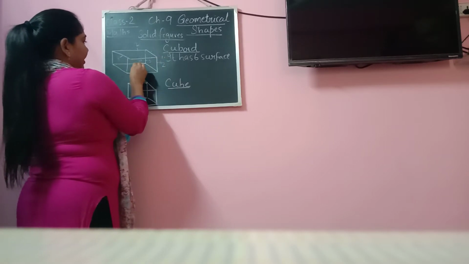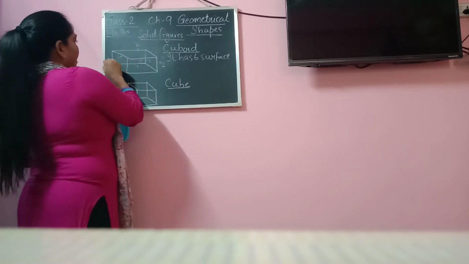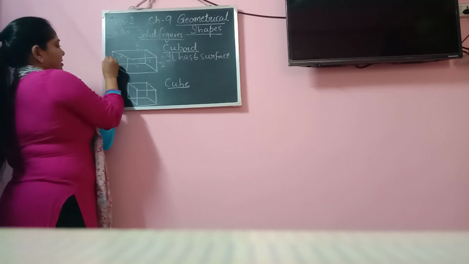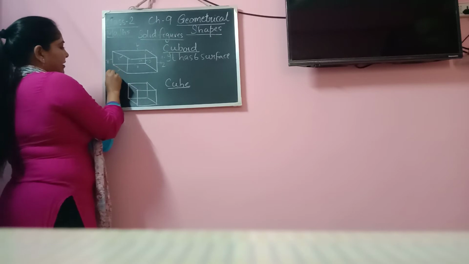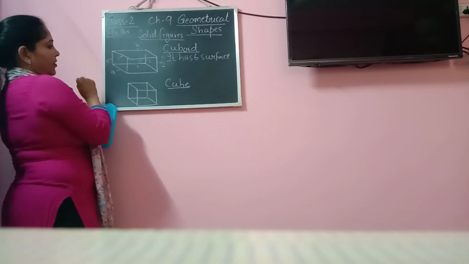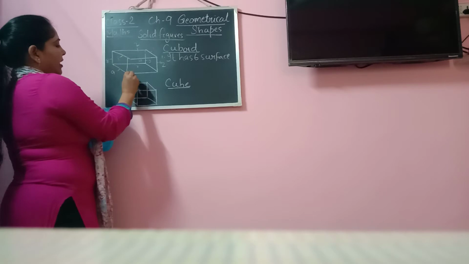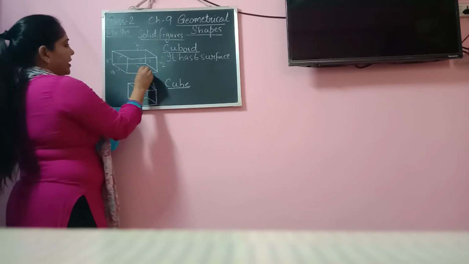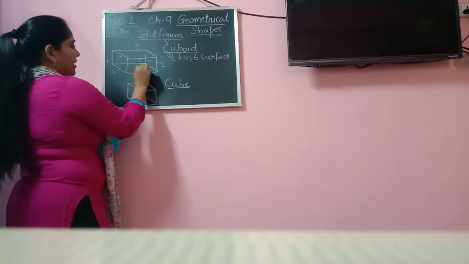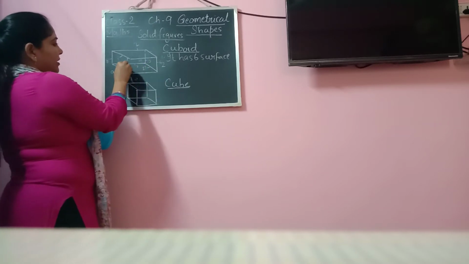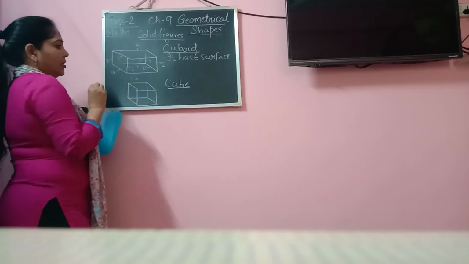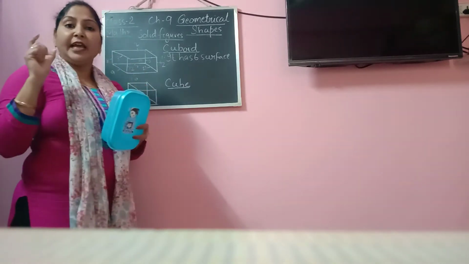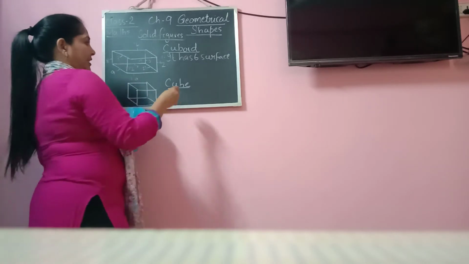Then this is 7. And here this one is 8. Then 9. Alright. 10, okay, 11, and this is 12. So altogether how many sides are there? Each cuboid has 12 sides.